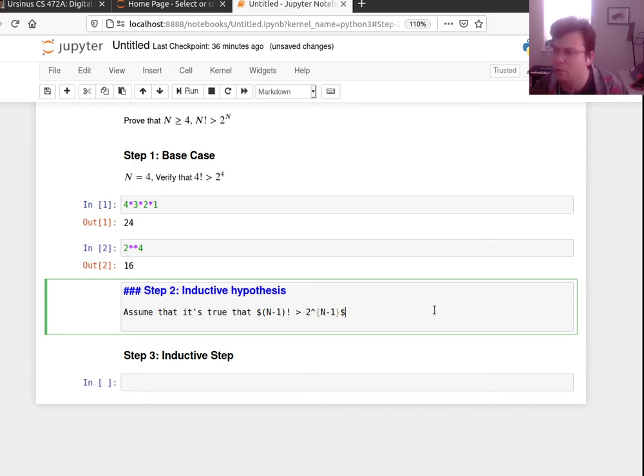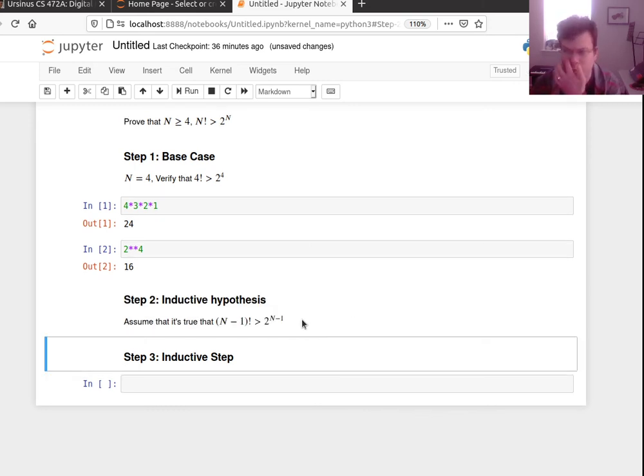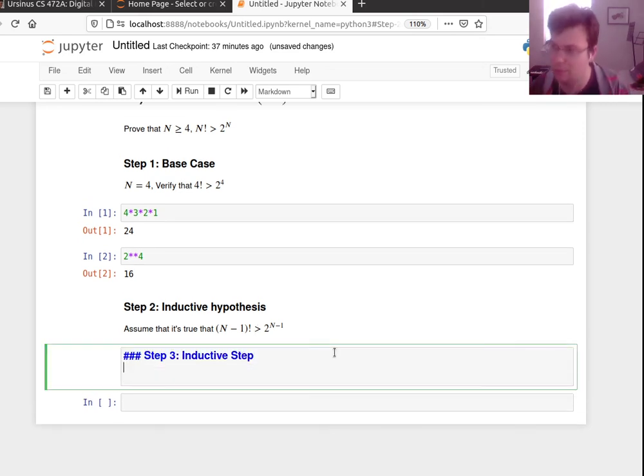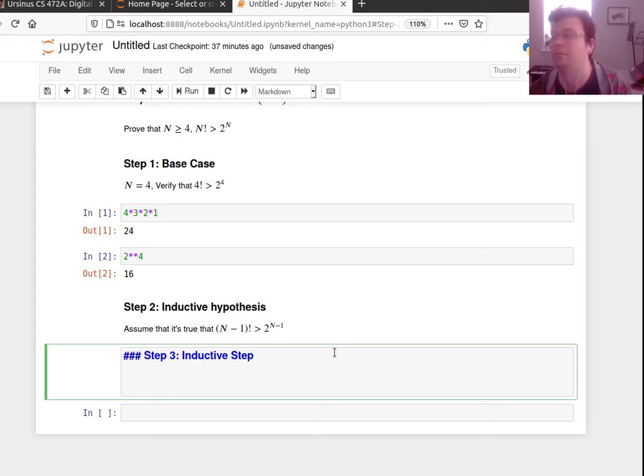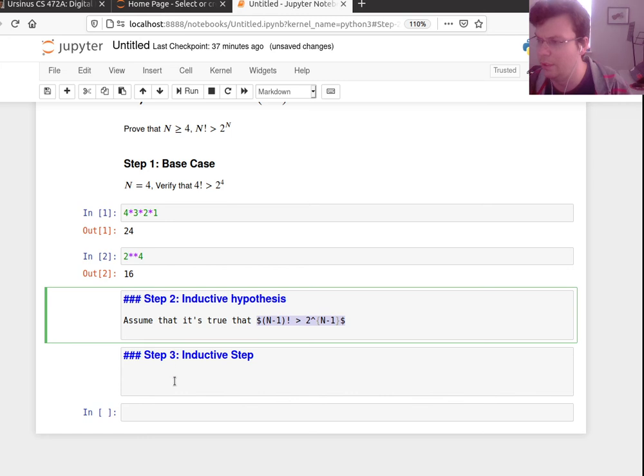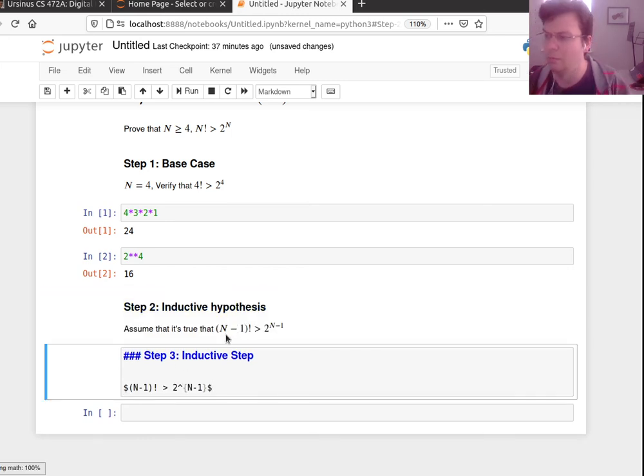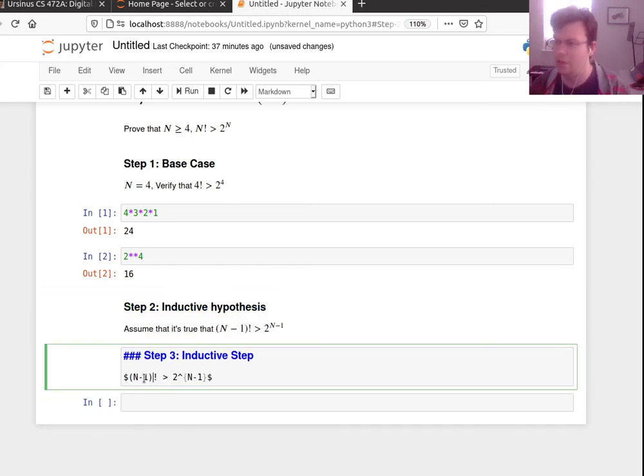So how can we use this fact to prove that n factorial is greater than 2 to the n? Well, I already have this inequality, n minus 1 factorial is greater than 2 to the n minus 1. What I can do is multiply both sides by 2.